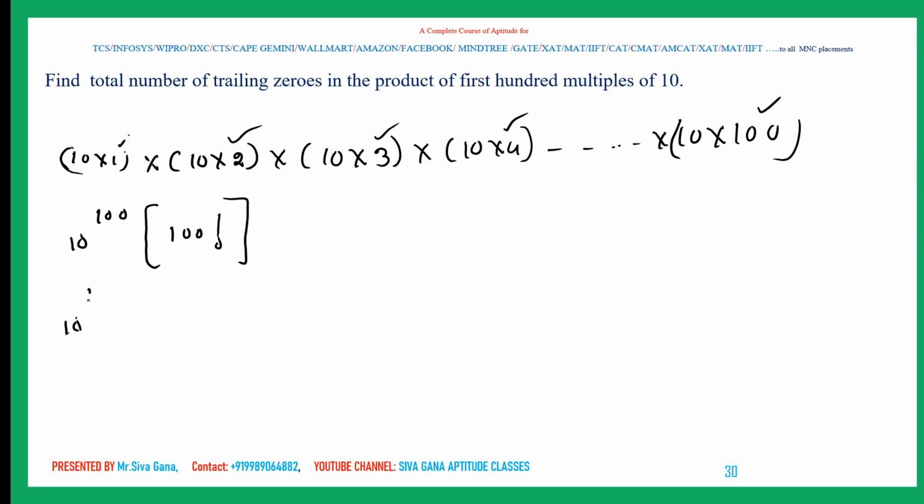So 10 power 100 means 100 trailing zeros, times 100 factorial.